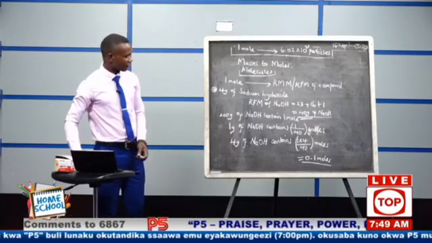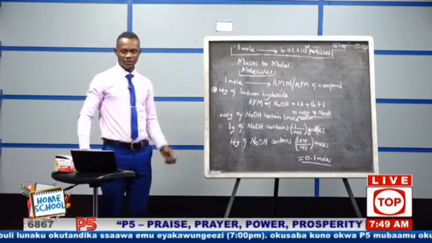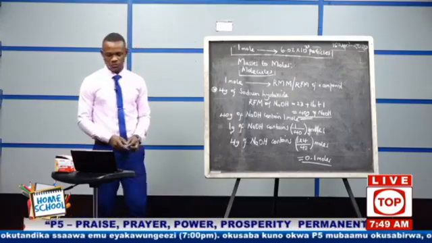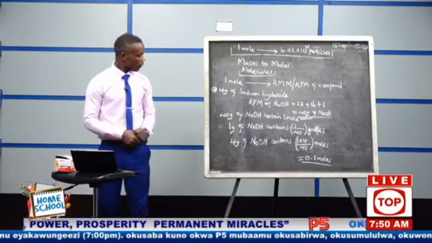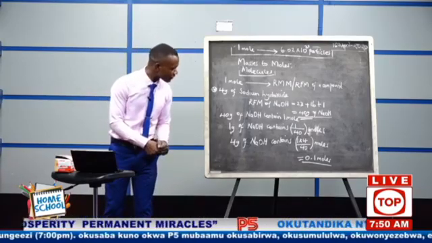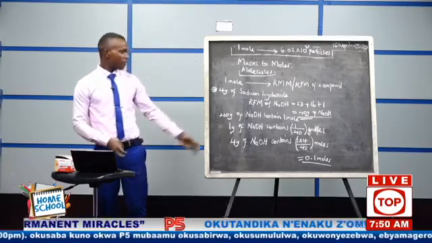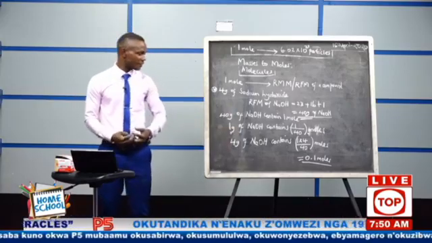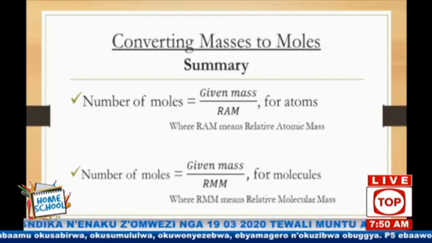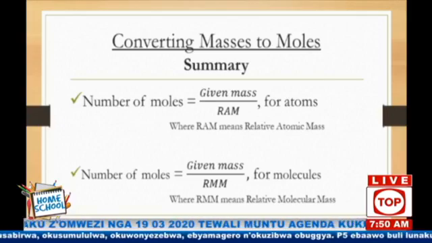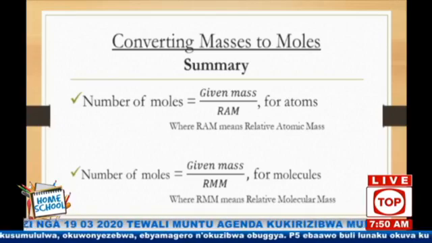In summary, once you have got that one, I'm requesting for slide 21. In summary, we want to see how we can calculate these things. Now I've been looking at all these steps, and I know you have understood them. But now we want to look at the summary part of it, how we can summarize them.